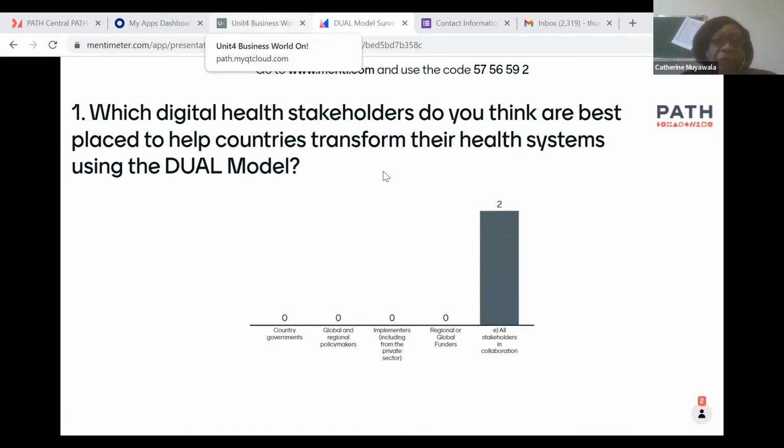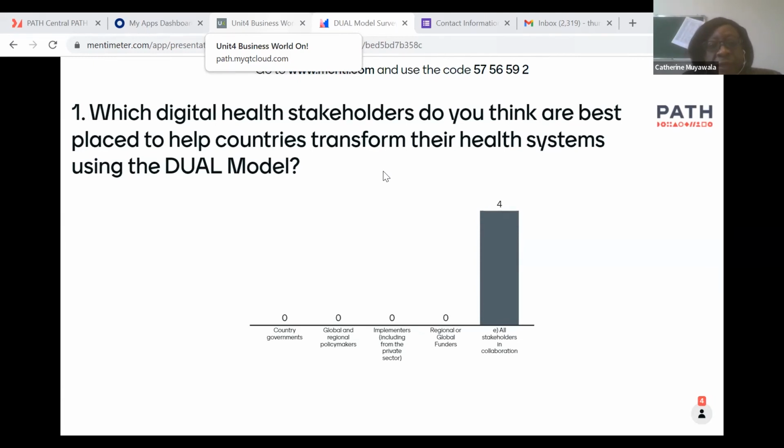Okay, excellent. So the first question there is, which digital health stakeholders do you think are best placed to help countries transform their health systems using the dual model? I'm sure you've all heard from Dr. Chilunga about the dual model and the digital transformation that we're hoping the countries could adopt or adapt.